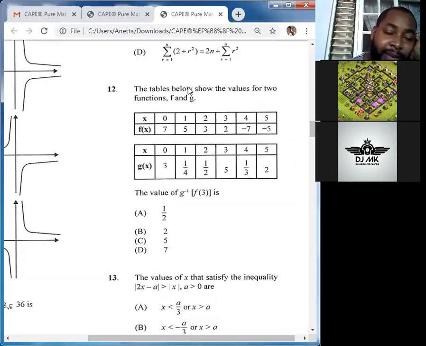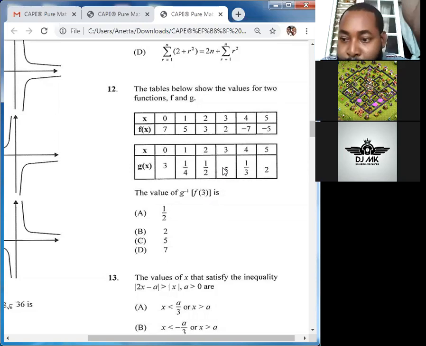I'm saying you have the table, so we're not calculating anything. We're just interpreting the table. Whatever is inside the bracket is usually the input. A function has input that leads to output, plain and simple.